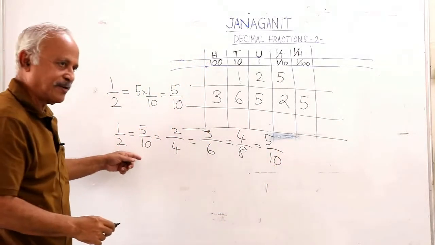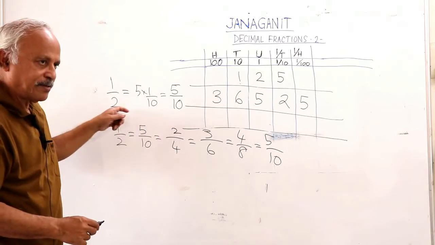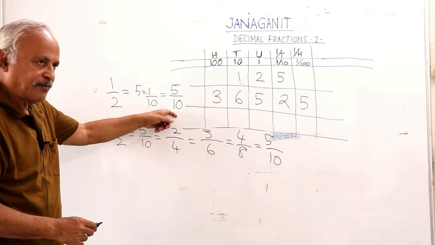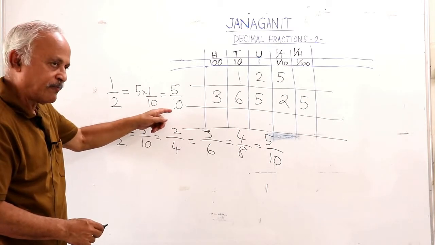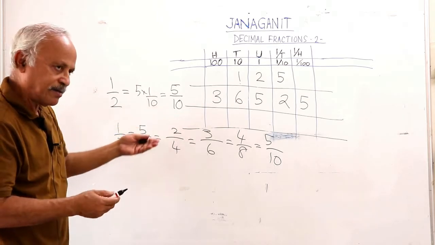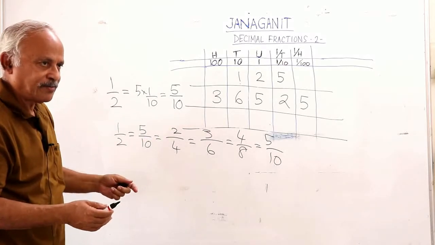Right? That's just what we did here. So I just write the number in equivalent fractions. And I have to write the equivalent fraction so that I get down to 10 or 100 or 1000.